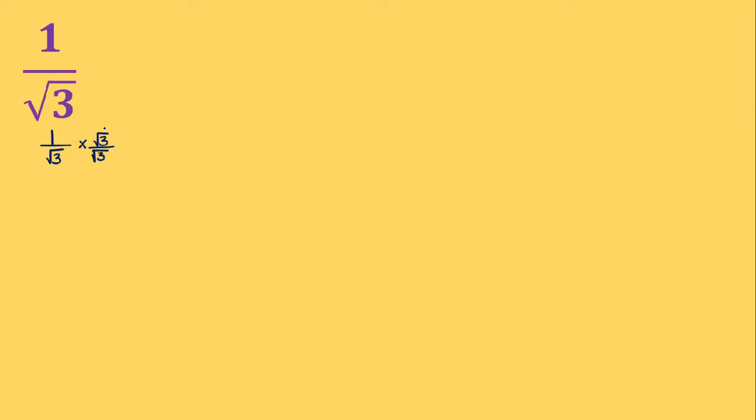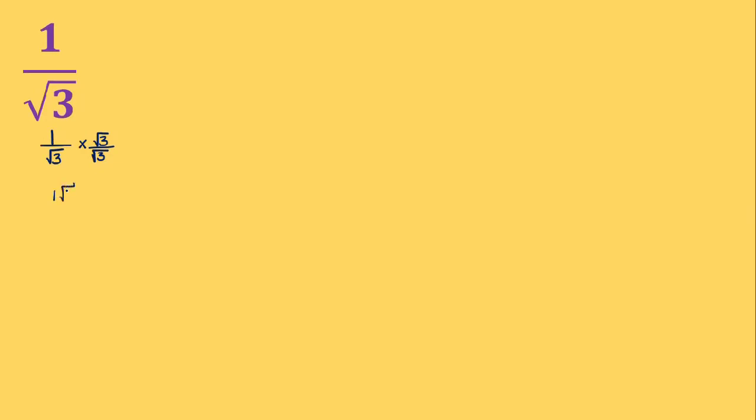While multiplying the denominator, we have to multiply both the numerator and denominator by the same number so that it doesn't make any difference to 1 by root 3, because 1 by root 3 into 1 is equal to 1 by root 3 only.